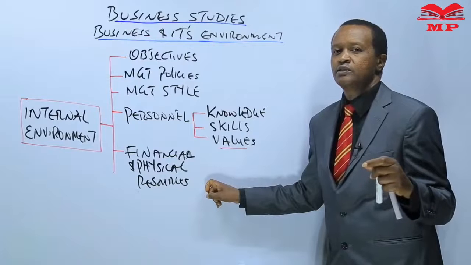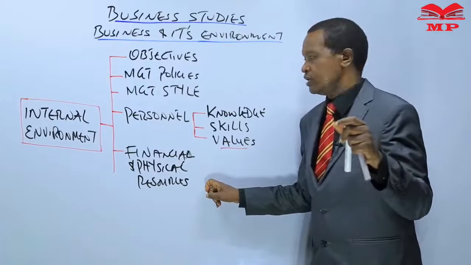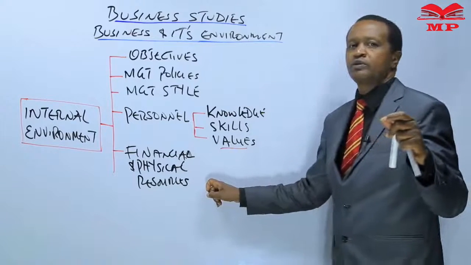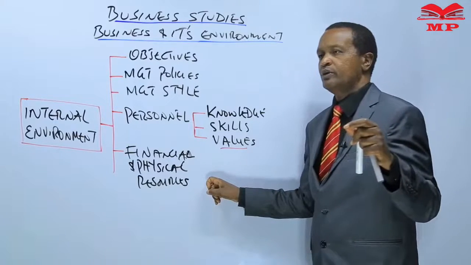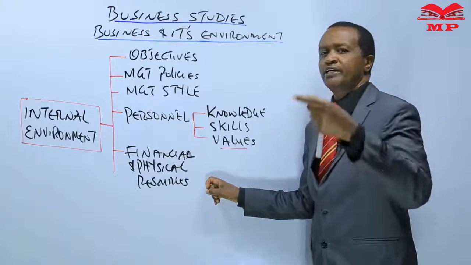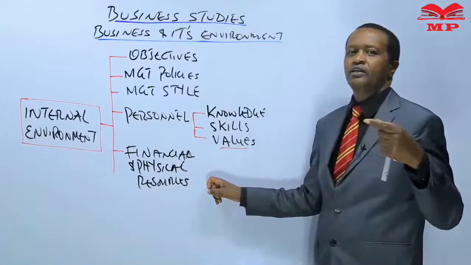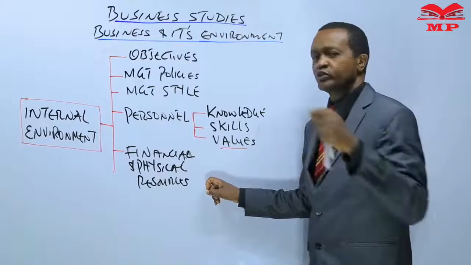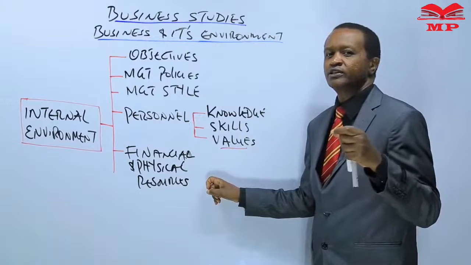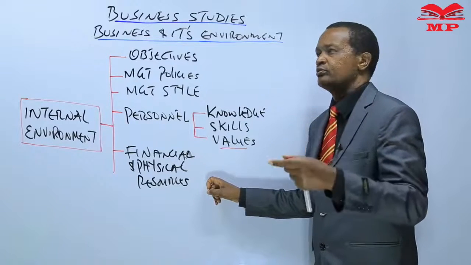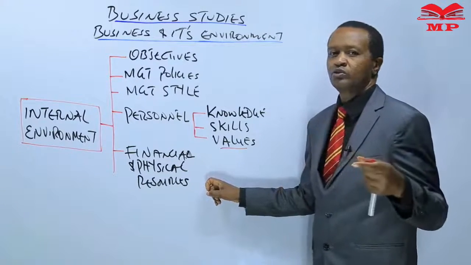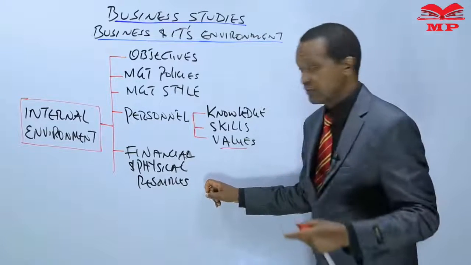Okay? So a business may also be required to combine a variety of resources such as finances, equipment, machinery, and so on, in order to run effectively.